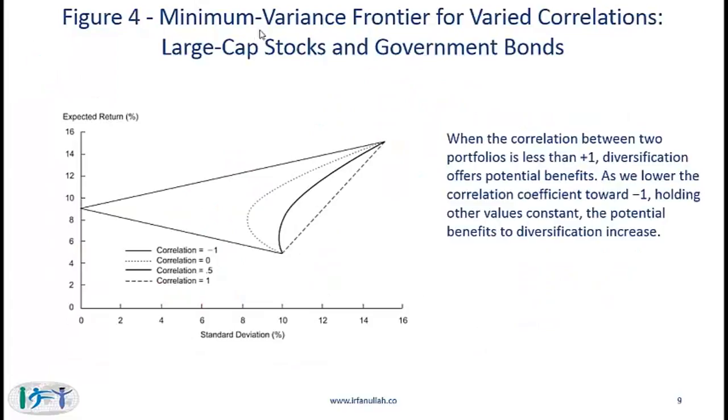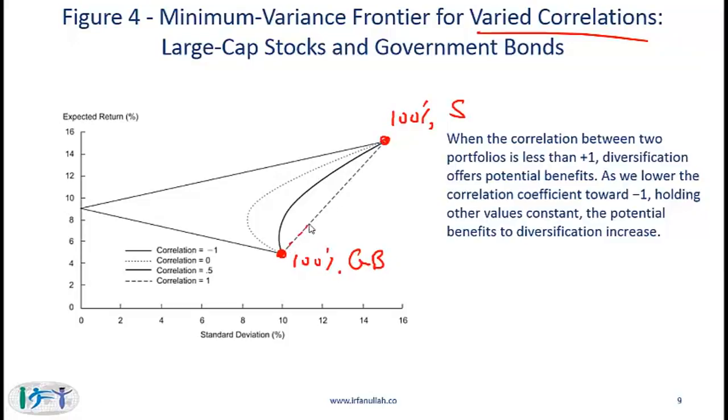All right, minimum variance frontier for different correlations. What we are showing here is the following. Let's say that this is our total investment in government bonds, so 100% invested in government bonds, and this is 100% investment in stocks.